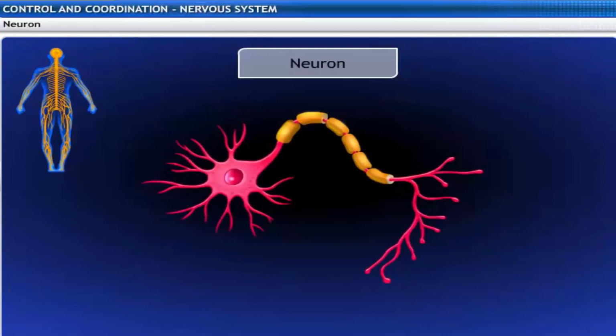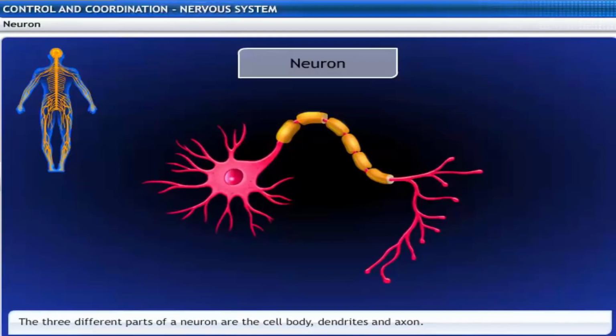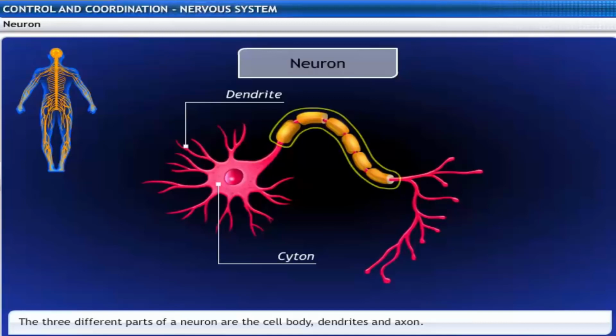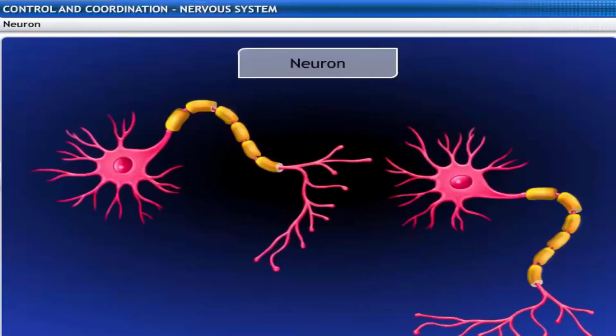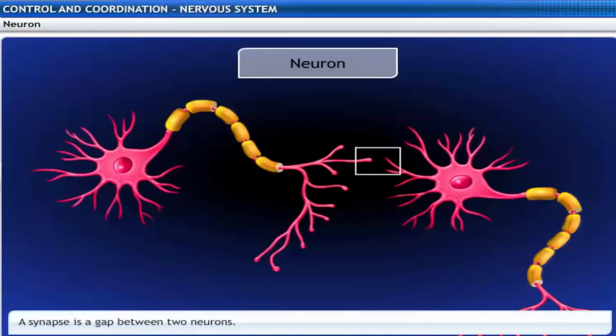Each neuron consists of three parts, namely the cell body or cyton, branched projections called dendrites, and the long process from the cell body called axon. The axon terminals of each neuron are placed near the dendrites of another neuron. This gap between the two neurons is called a synapse.